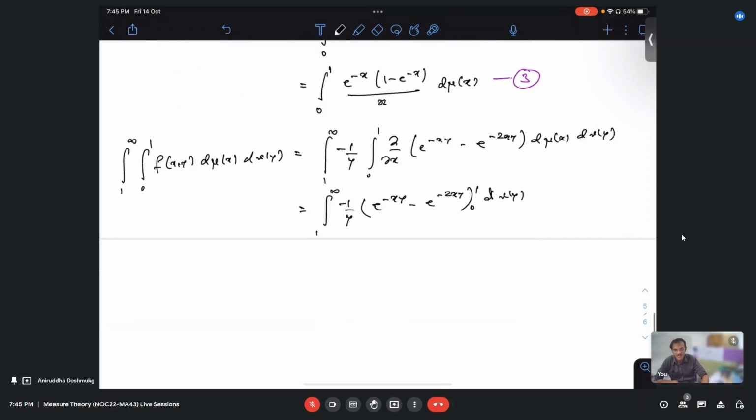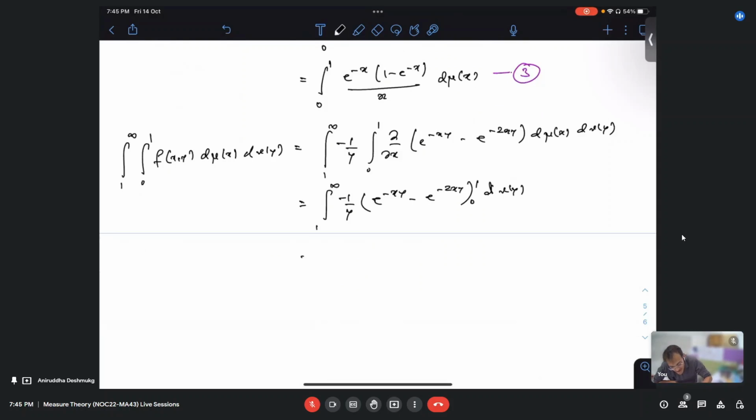But this time it is not really 0. So at 1 we have something. So it is minus 1 over y of e to the power minus y minus e to the power minus 2y, minus at 0, what will it be? It is e to the power 0 minus e to the power 0. So it is 1 minus 1. Well, the overall sum is 0.